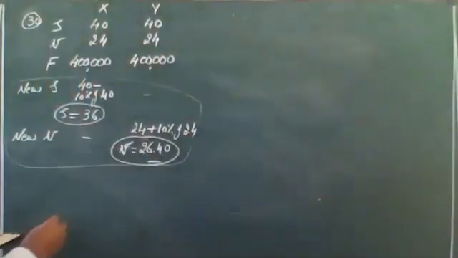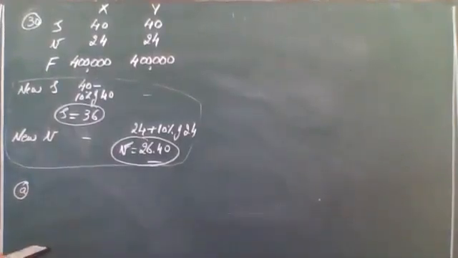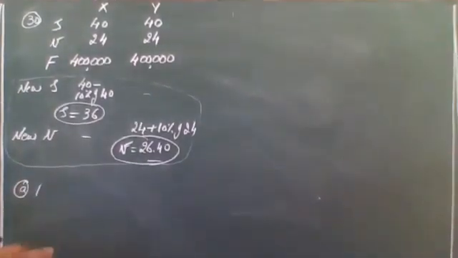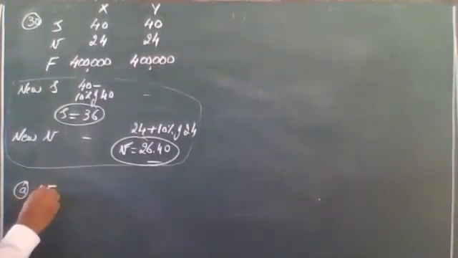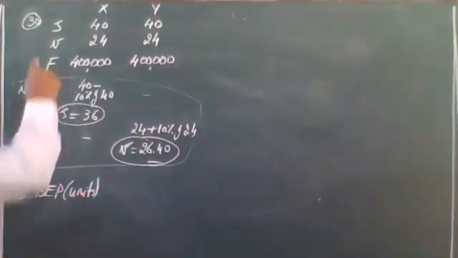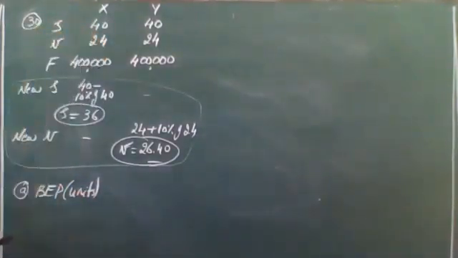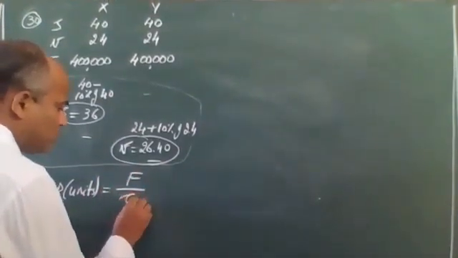First of all, what you need for break-even point? You can do it in units, right? You can do it in units because everything is per unit. So what is the formula? It is fixed cost by contribution per unit.